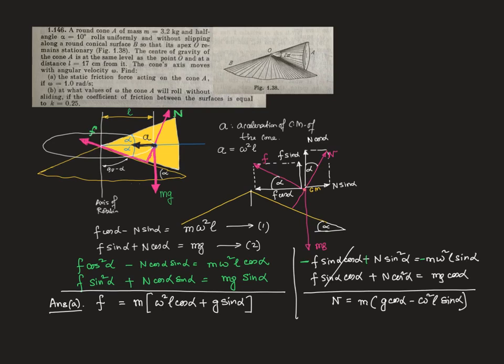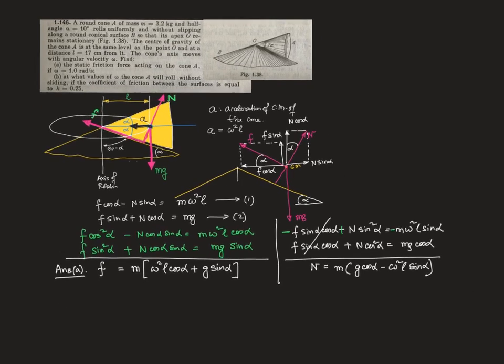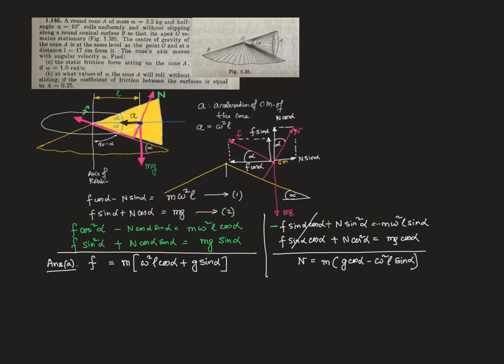Now in part B it is asked at what values of omega the cone will roll without sliding if the coefficient of friction is known. So we can go for the inequality, that will be enough. F is less than or equal to k times N, where k is the coefficient of friction. Here m is on both sides, so we can get rid of it.